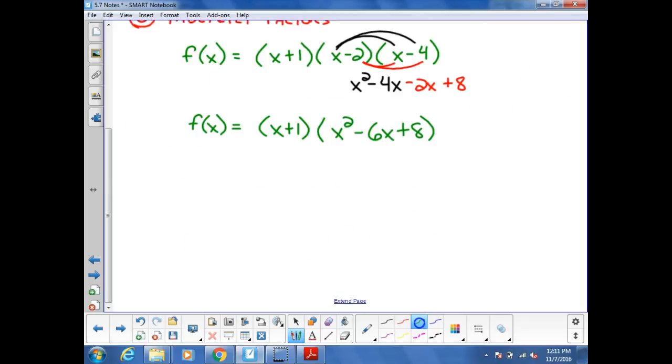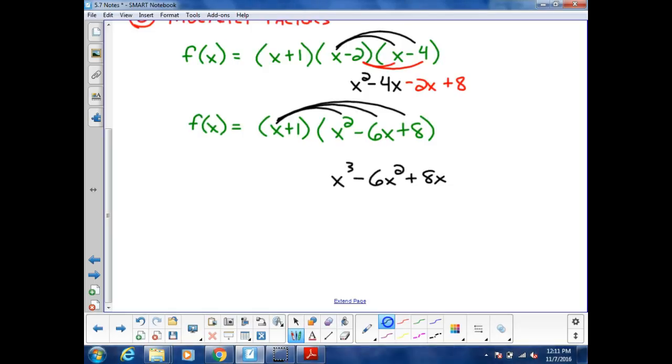Right? And now I've got to do the multiplication for the second time. The third factor, multiply it. So we take those. So we get x cubed minus 6x squared plus 8x. And we get x squared minus 6x plus 8.